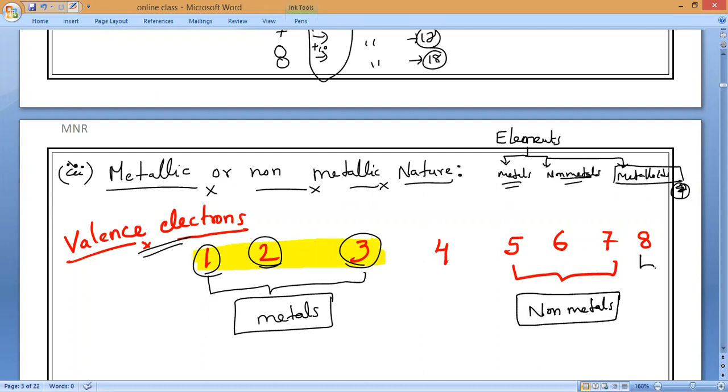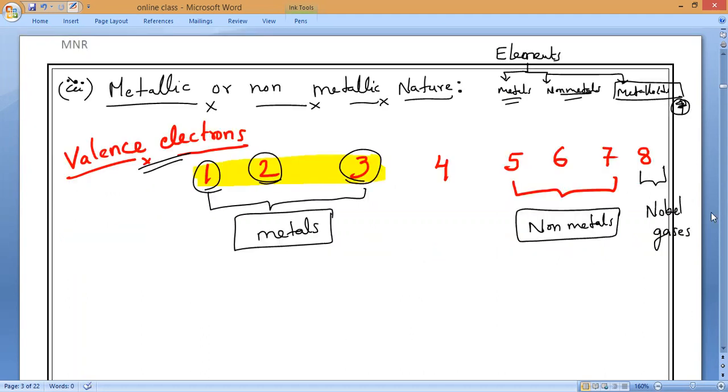If valence electrons are 8, they are called noble gases. Helium has only 2, but even though it is also called a noble gas, because helium has only one shell, the K shell. That is why helium is also a noble gas.